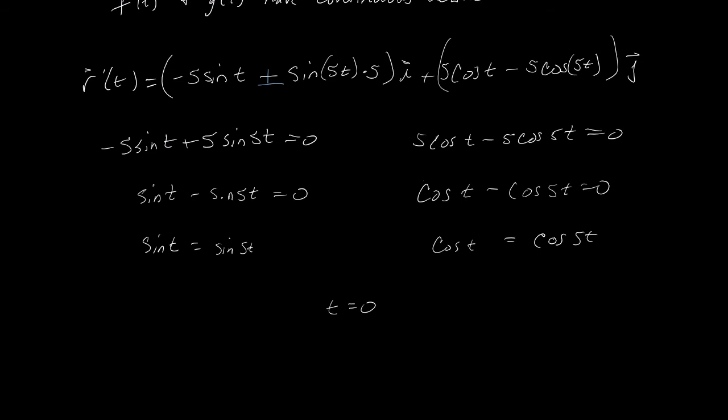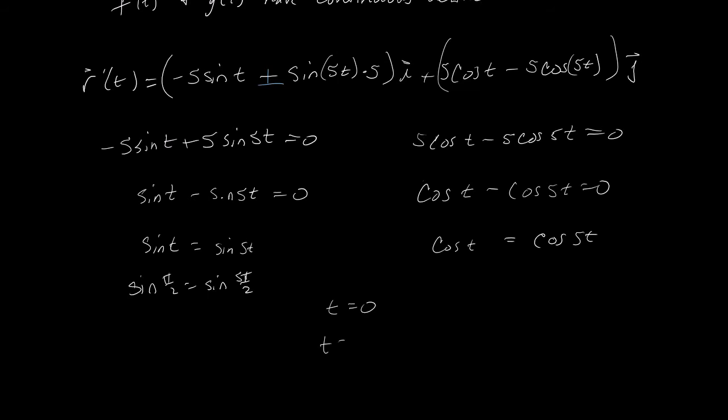So sine of pi over 2 and sine of 5 pi over 2. Are these actually equal to each other? Well, sine of pi over 2 and sine of 5 pi over 2, those are coterminal angles. So yes, they absolutely are equal to one another. The same thing will be true for pi, and for 3 pi over 2, and for 2 pi.